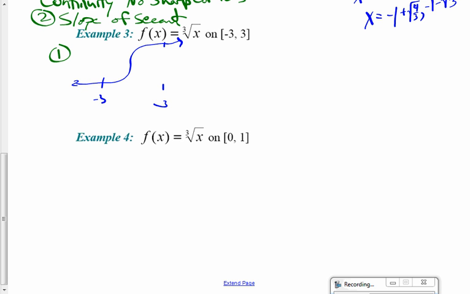Is it differentiable? You sure? Is it differentiable? Help me out. Where?